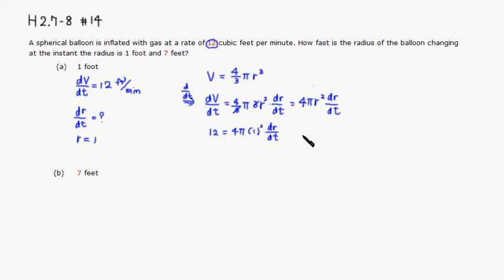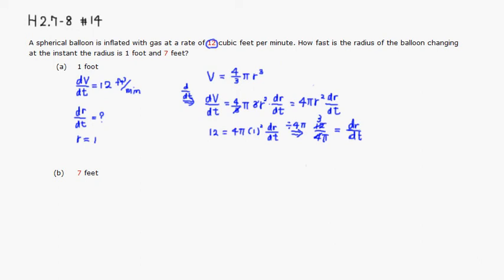Then we divide through by 4 pi, so dr over dt equals 12 divided by 4 pi. You can cancel 4 and 12, so it's 3 over pi.